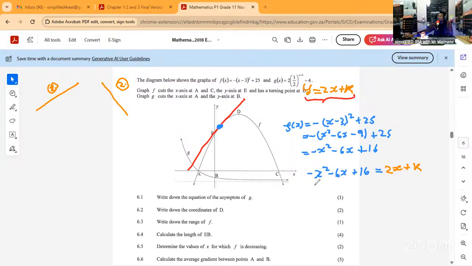Therefore, if we simplify this, we'll have that minus x squared minus, when I take this to the other side, it's going to make it... oh no, when this negative multiplies this one, it's going to make it a positive.